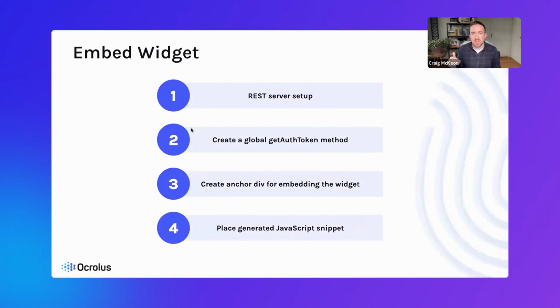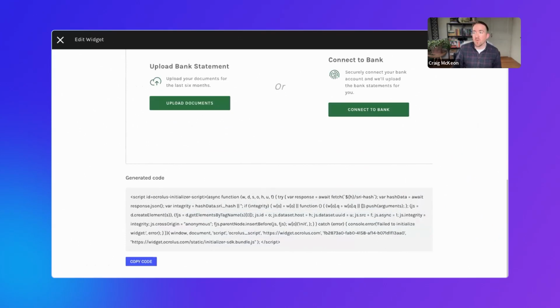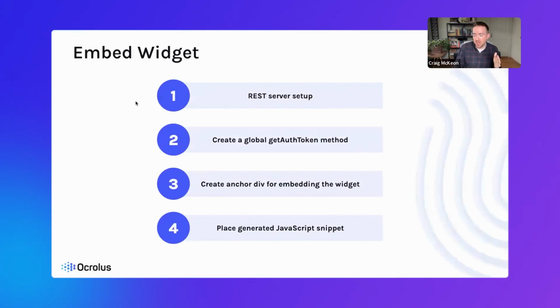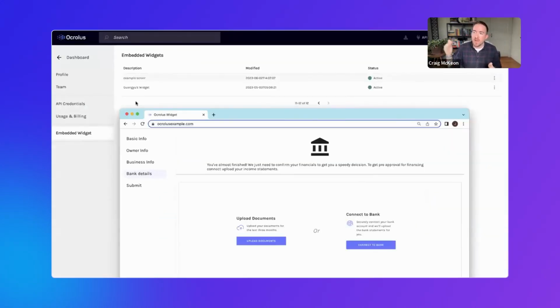You would want to go through these as well. These server setups will enable you to utilize that widget, put the code within your online application, have that populate, kind of like what you saw in the application example, and it'll be right in that flow.